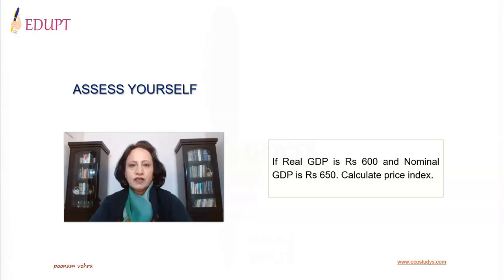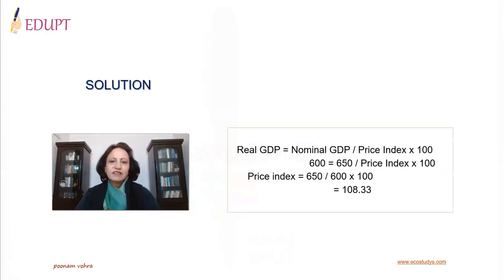Now assess yourself and solve this simple numerical. If real GDP is rupees 600 and nominal GDP is rupees 650, calculate price index. Check your answer. As I have been telling you each time, the first thing is to write down the formula. Then substitute values and you will get the answer. Here the formula is real GDP is equal to nominal GDP divided by price index into 100.